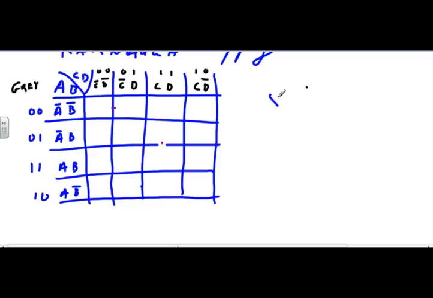Okay. So we have x is a, b, c, d naught, or a naught, b, c, or b naught, d, or c, d naught. And we're going to want to simplify that for whatever reason. All right.